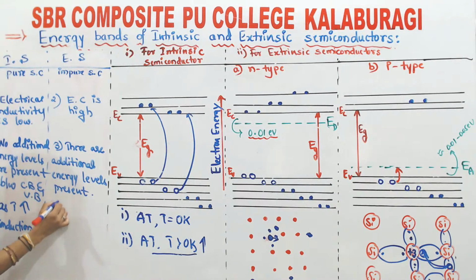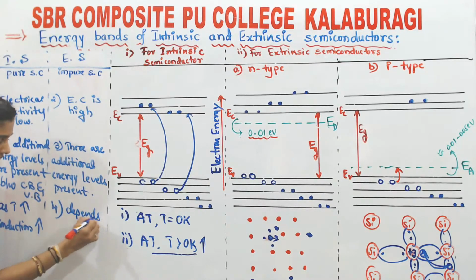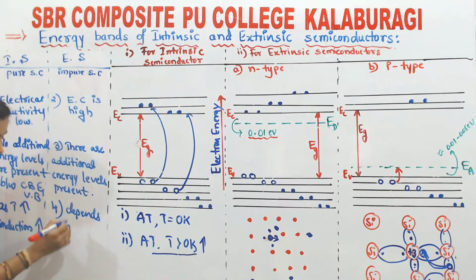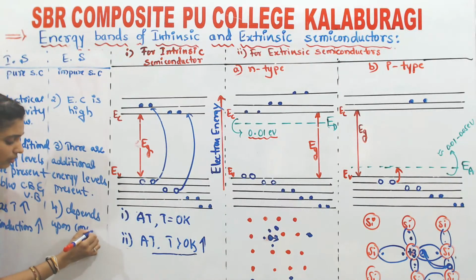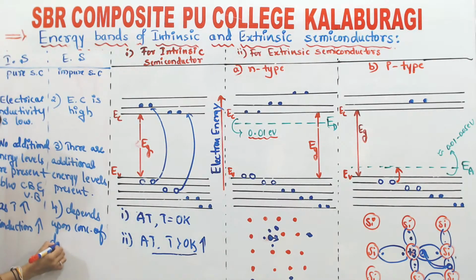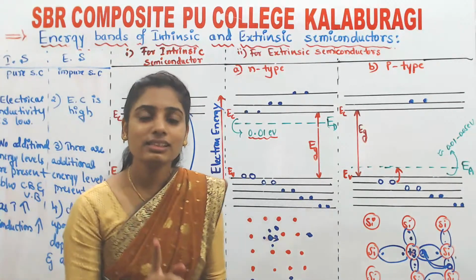But in extrinsic semiconductors, the conduction depends upon the concentration of doped atoms and also on temperature.